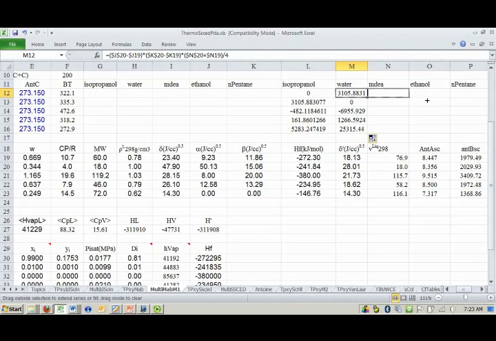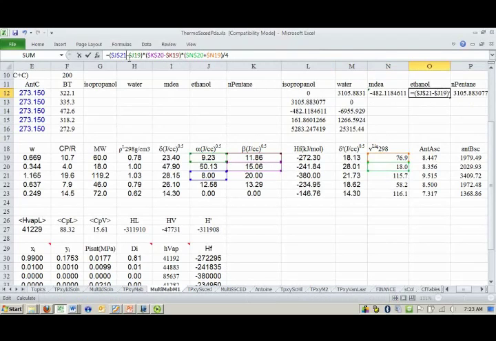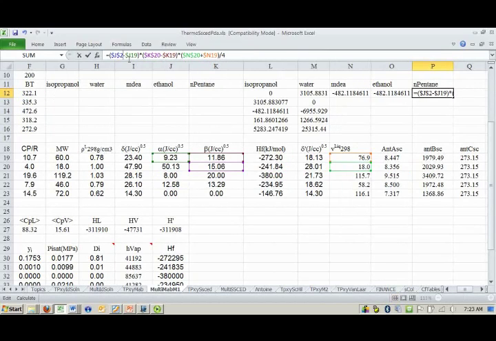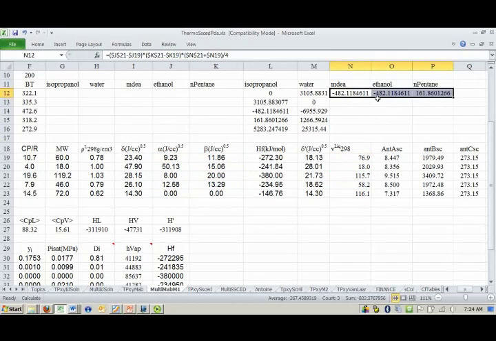So now we want to do the same thing here and just increment this. What did I do? That doesn't seem right.